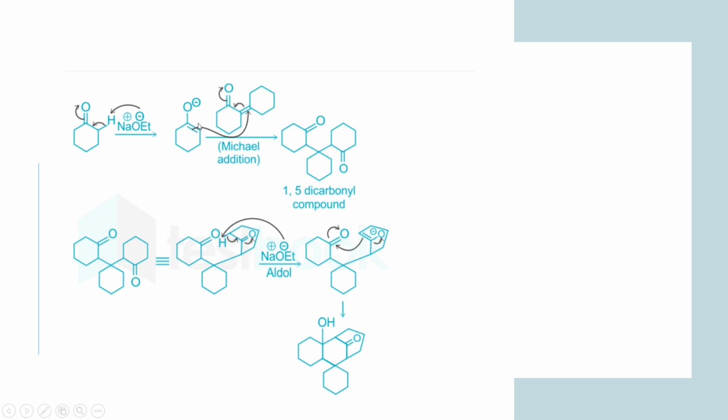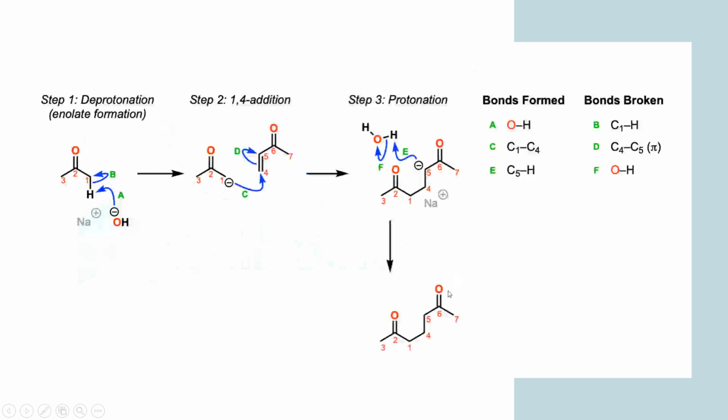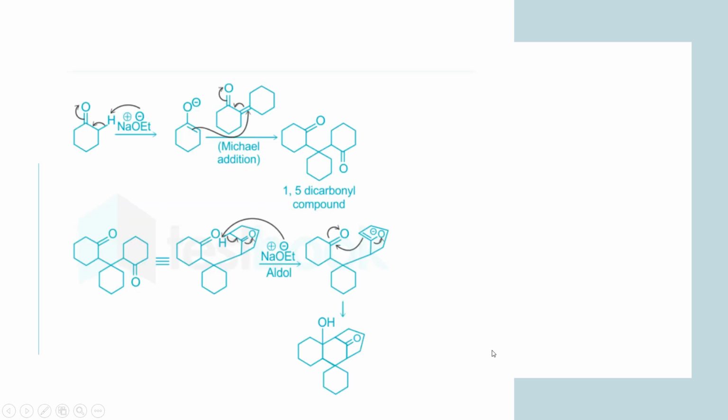So this enolate is again going to undergo 1,4 addition to give you carbon-carbon bond formation between this center and this center. As a result of this Michael addition, like we saw, we get a 1,5 dicarbonyl compound: 1, 2, 3, 4, 5. So similarly, here you get carbon-carbon bond formation between this and this carbon to give this 1,5 dicarbonyl compound.